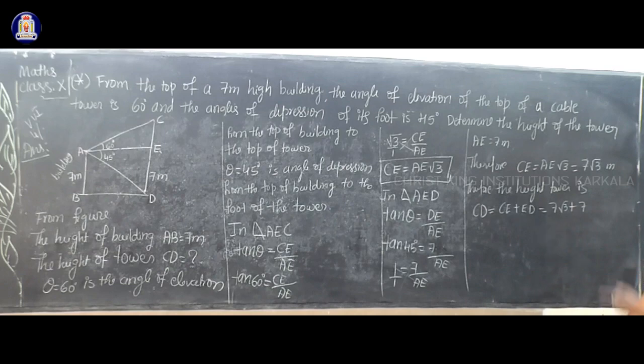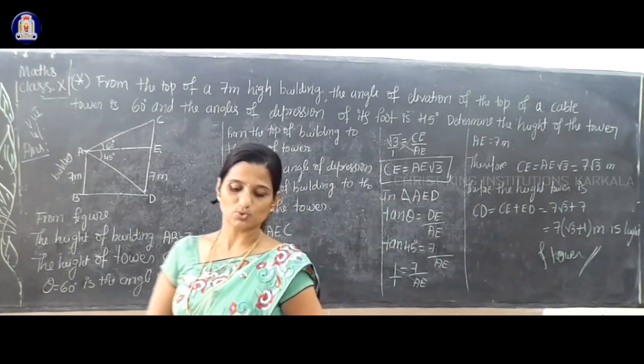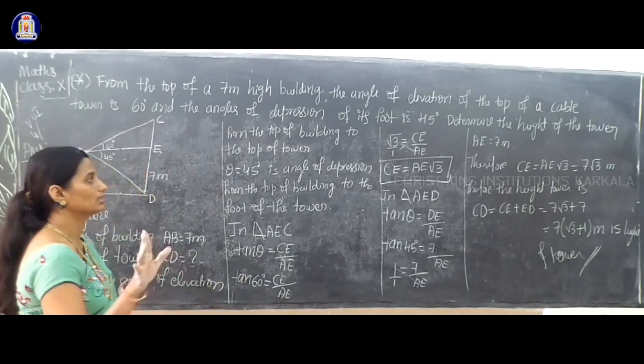Here, 7 from the figure. So what is outside? 7 outside. It is root 3 plus 1 meter is the height of the tower, or cable tower. So what is the height of the tower? 7 into root 3 plus 1 is the height of the tower.